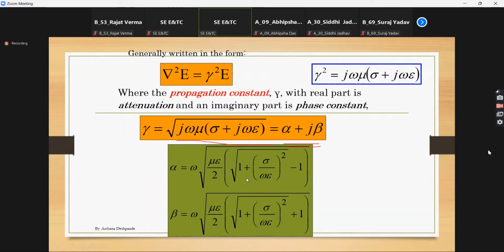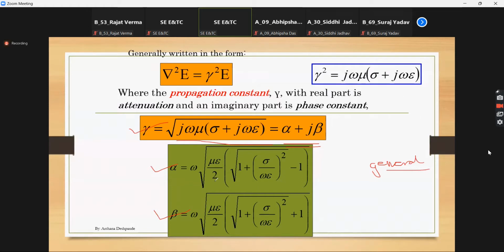So these are the generalized equations of alpha and beta, and this is the generalized expression for gamma. One should remember these expressions of gamma, alpha and beta. So this is in general. If you remember the general expression, then a particular case can be reduced from it.